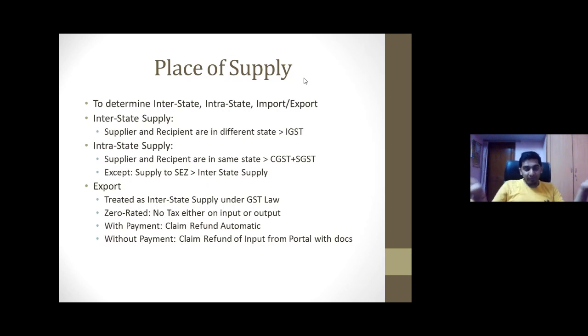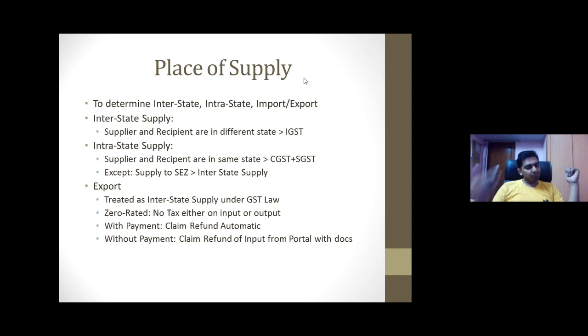Now you must get that refund also, because export is zero rated. No tax on input, no tax on output. You did not pay any tax on output. But what about input? You must have paid tax on input. In this second method, you need to apply for refund on inputs.